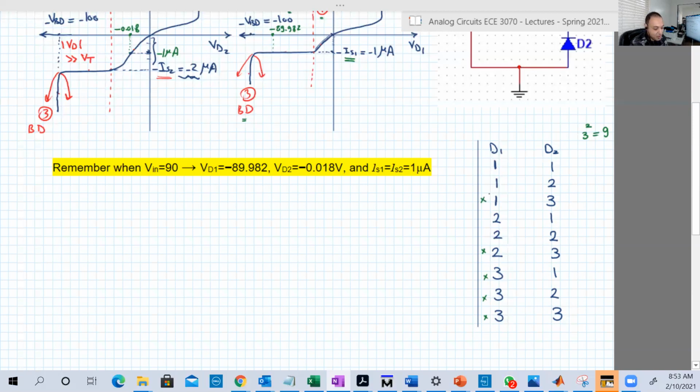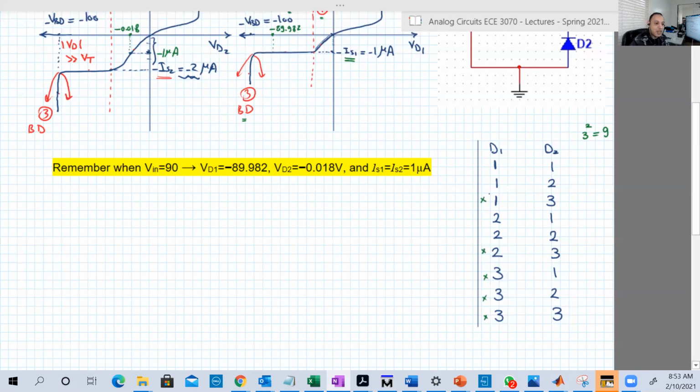But now in this example we increased the input to 110. This is more than the breakdown voltage by even 10 volts. It's not just on the edge of breakdown, it is exceeding V breakdown.